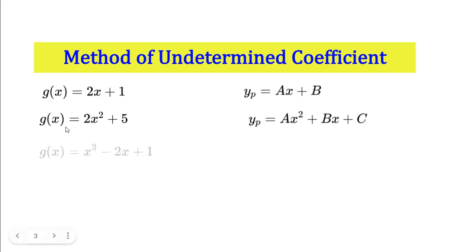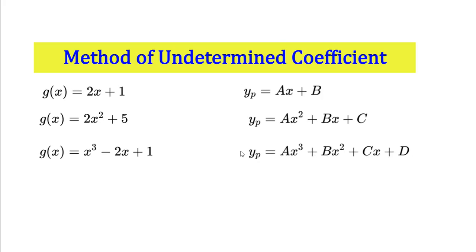But if you are given g of x to be a cubic function, you can guess the particular solution for g of x to be yp equal to ax cubed plus bx squared plus cx plus d. But if you are given g of x to be an exponential function, you can guess the particular solution to be equal to a e to the x power.